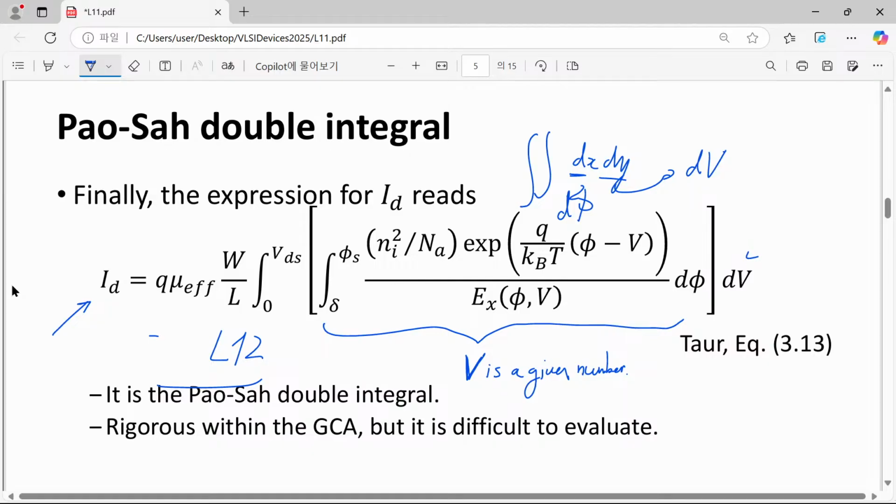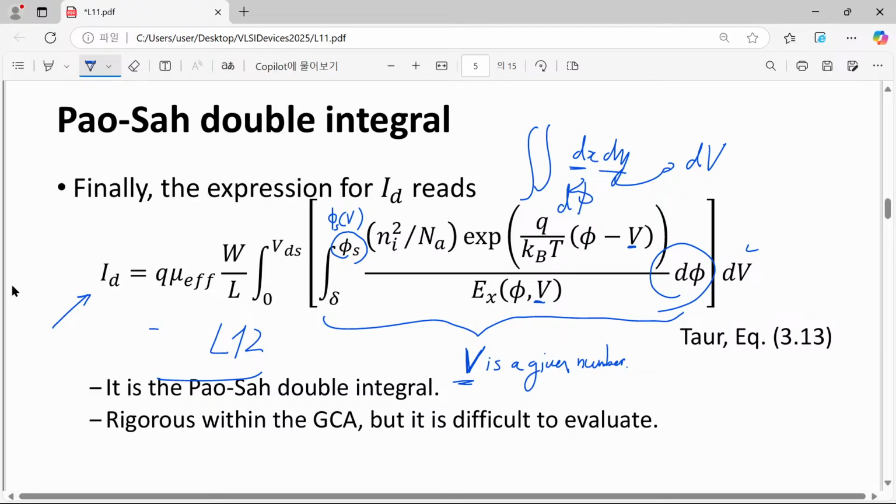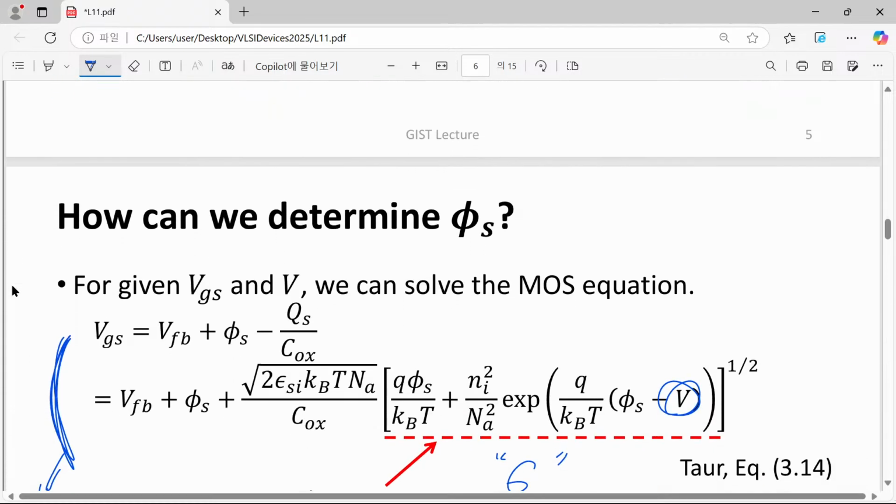So now this is a given, and this is a given, and also this phi s can be calculated from the given electron quasi-Fermi potential. So for a given electron quasi-Fermi potential, evaluate these quantities, after that take this integration. So just showing you this, you can do it, but let's do it together with me.